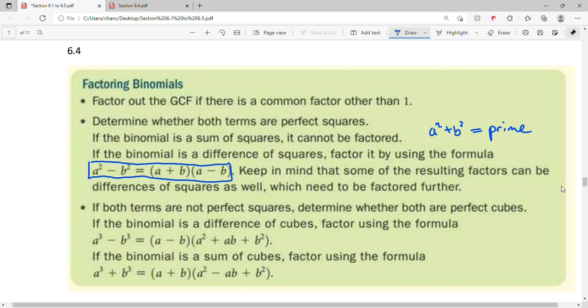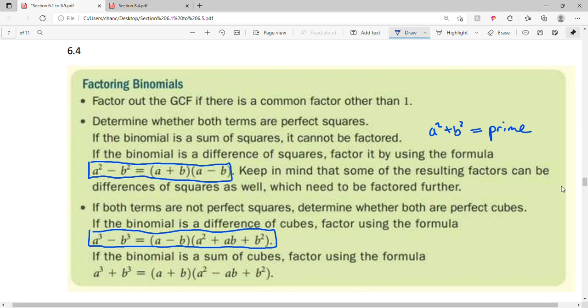If the binomial is a difference of cubes, factor using the formula a cubed minus b cubed is equal to a minus b times the quantity a squared plus ab plus b squared.